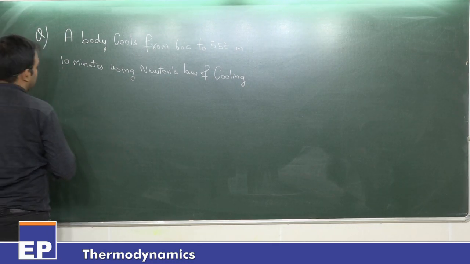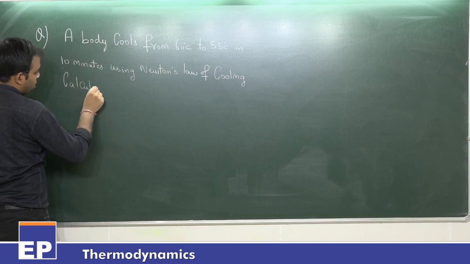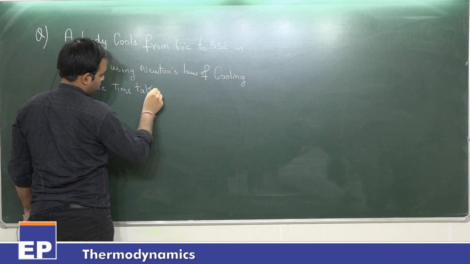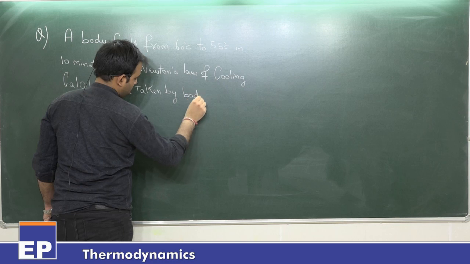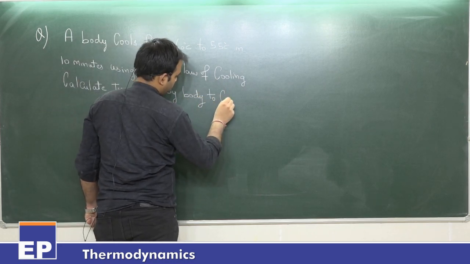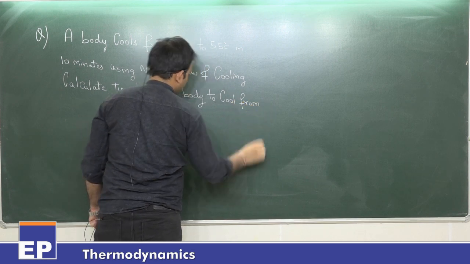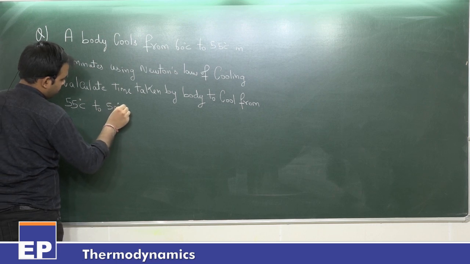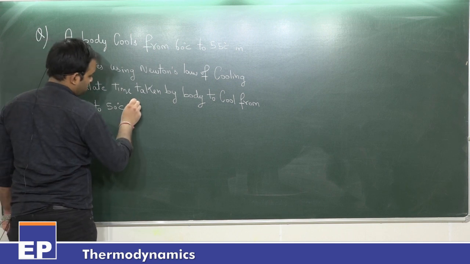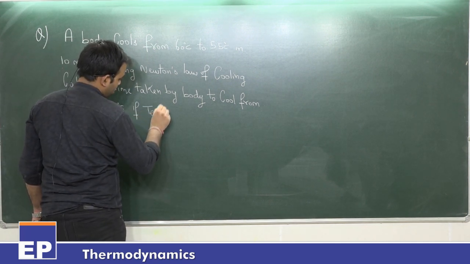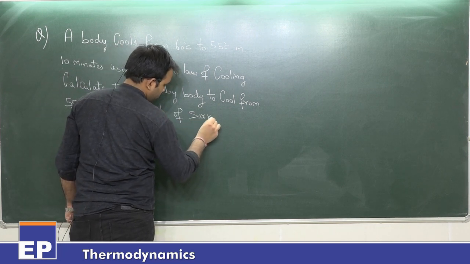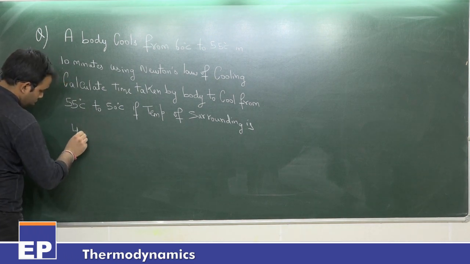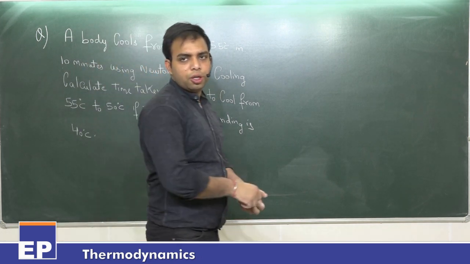Using Newton's law of cooling, calculate time taken by body to cool from 55 degrees Celsius to 50 degrees Celsius if temperature of surrounding is 40 degrees Celsius. Temperature of surrounding is 40 degree Celsius, right?